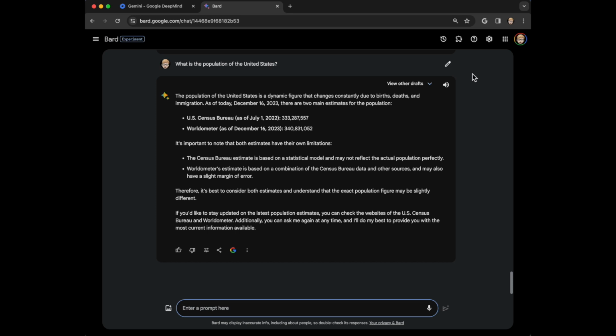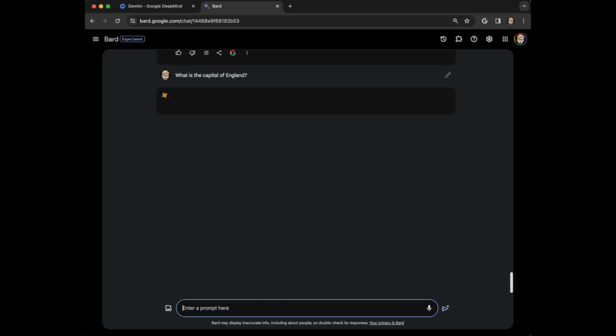And this is as of today. I love how it's like, as of today, there's 2 main estimates for population, and it provides that content, which is great. So let's ask it another fact-based question. And remember, you can always hit this Google to double check your response and do a Google search to validate it.